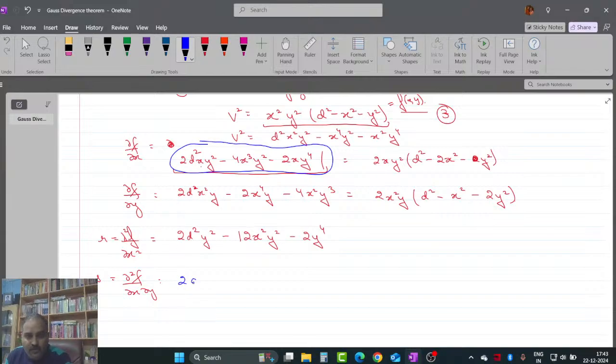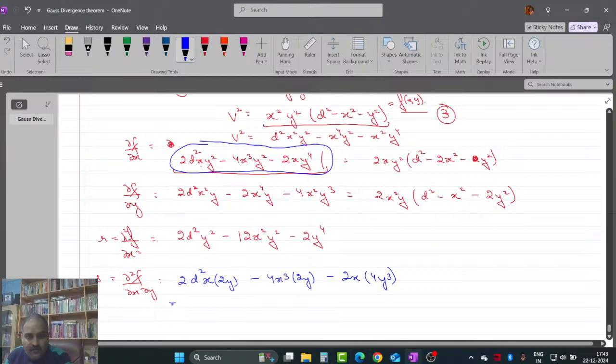So 2d square x as it is, y square will be 2y, minus 4x cube y square will be 2y, minus 2x into 4y cube. So it is 4d square xy minus 8x cube y minus 8xy cube.